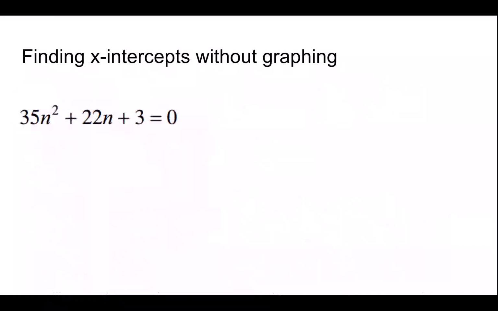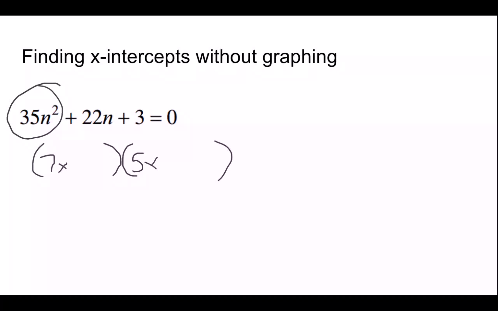So again, when I'm looking at this, I'm going to think about what can multiply to give me that. So we're going to factor again. And I'm going to just choose 7x and 5x. Then I'm going to think what will multiply together to give me 3. And we'll just choose plus 3 and plus 1 and just see how this goes.